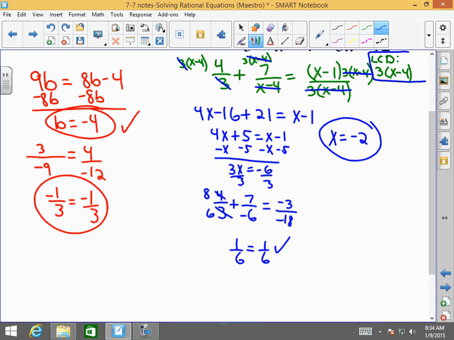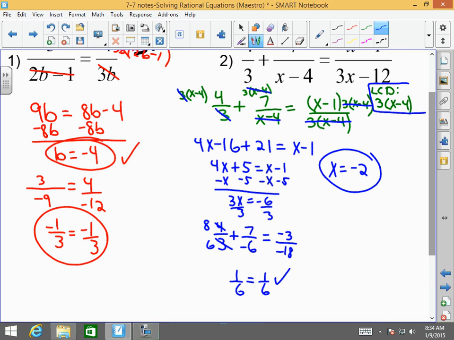You have a question, my man? Okay, why? This negative in the denominator just makes this whole fraction a negative. Thank you, sir. Thank you very much. Does that make sense, gentlemen? You promise? Questions on this so far? Yes, sir.